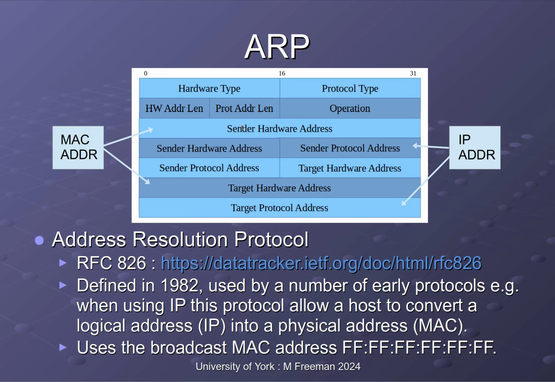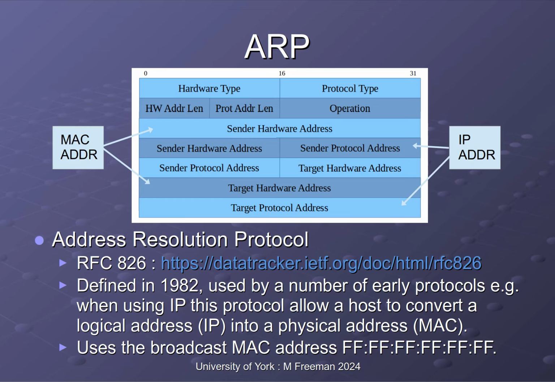We then have fields. So we've got our sender's MAC address, our sender's IP address, our target MAC address, and our target IP address. So this container is pushed out onto the network, it's broadcast onto the network, and hopefully there's a host on the network that can fill in the missing blanks and answer your questions.